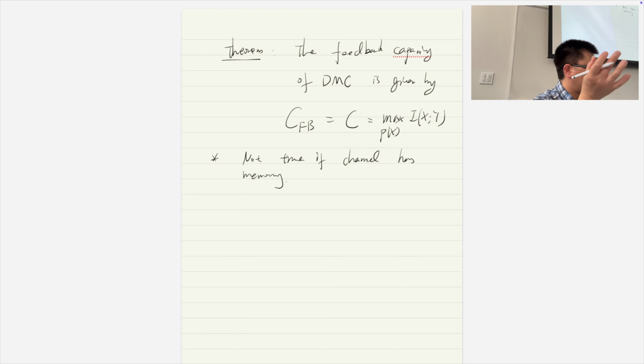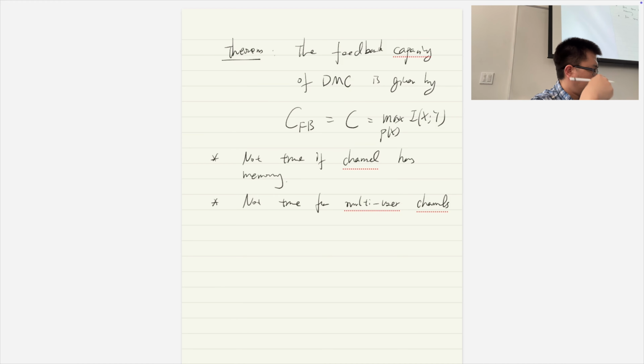In that case, the channel with feedback may achieve a bit higher capacity. And this is also not true for multi-user channels.